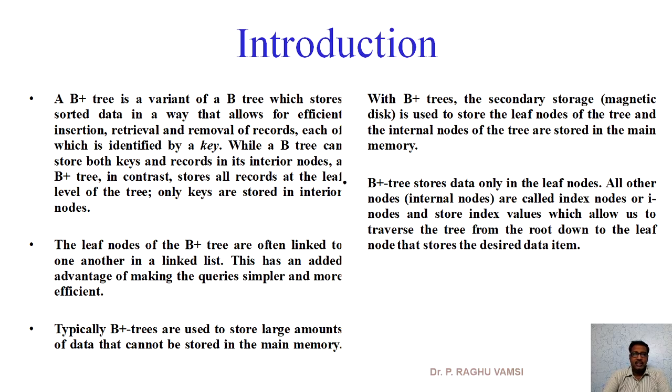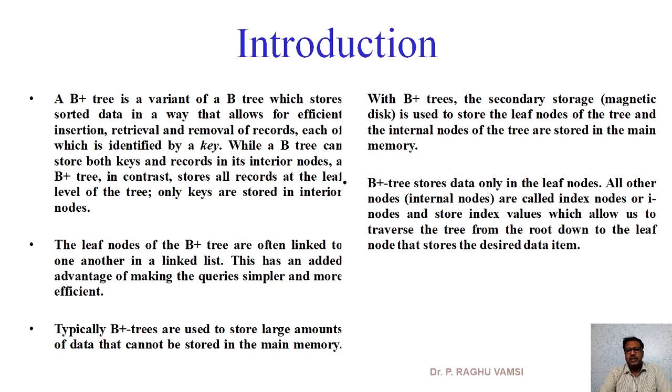Index nodes means it is just like your textbook index. There will be an index of chapter 1, chapter 2, chapter 3. In chapter 1, again, subsection 1.1, 1.2, 1.3, just like that. And what is the corresponding page? There is an indexing. So like that, there is a key or file name, which we have called as indexing name, or name or key, that will be there in the main memory. Whenever you pick that, automatically a link will be pointing to the actual data, that is the file which is stored on the hard disk.